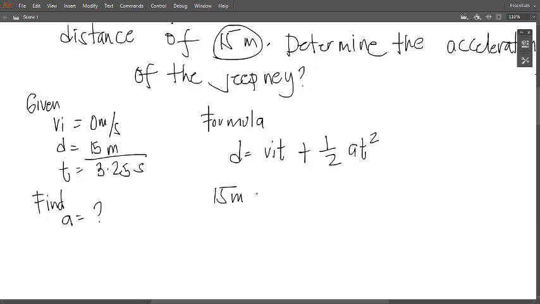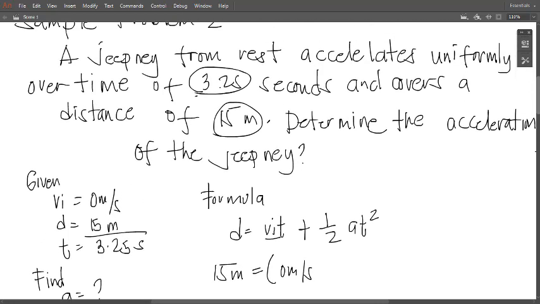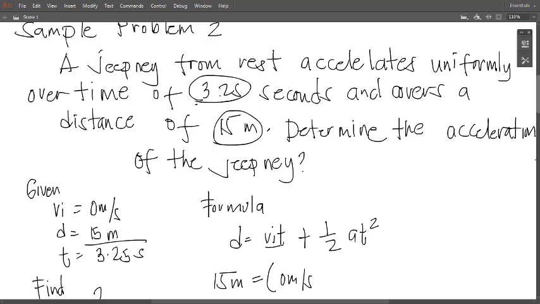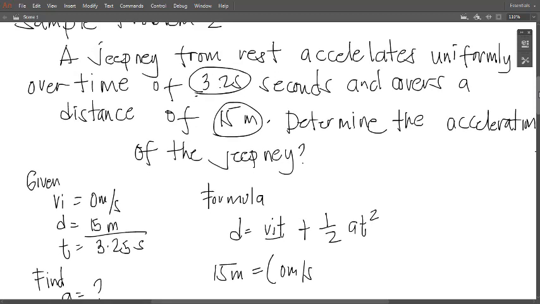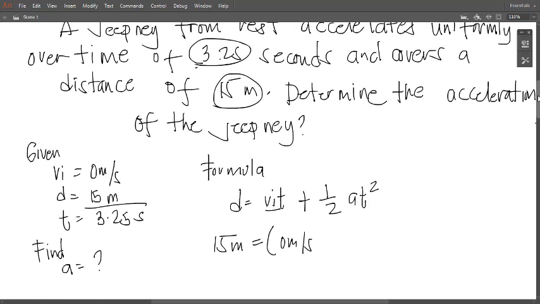Let us not forget writing the symbol used. 15 meters is equal to 0 meters per second, the initial velocity, which is always set to 0 unless the word problem gave you a value for initial velocity.